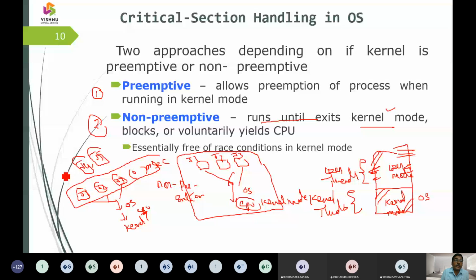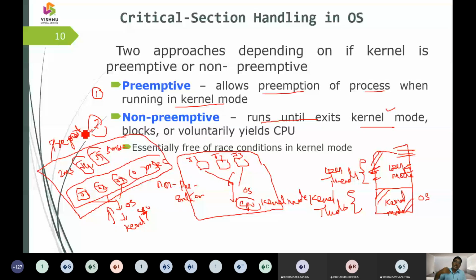So what is going to happen? It allows preemption of a process when it is running in kernel mode. It is going to allow those two processes, and it has the concept of preemption here. That is the basic difference: the critical region considers new jobs even though it is running in kernel mode, and it suspends its process.